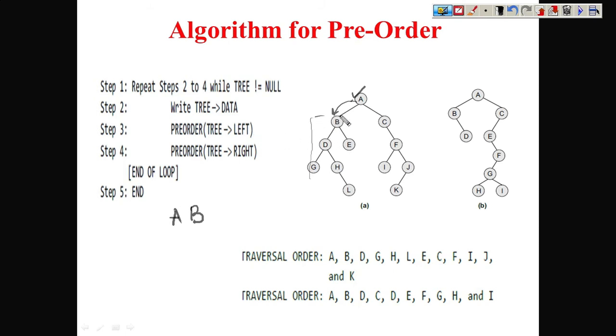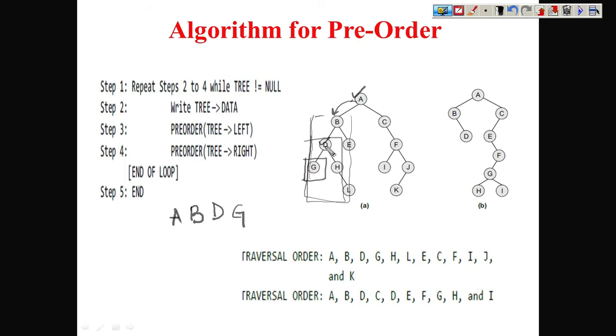When you go to this subtree, it will again make a call for this left subtree. So again you print this root value D, and then this will again call its subtree. So you get this here, and here we have no left child and no right child, so you stop here, but you print this root node G.